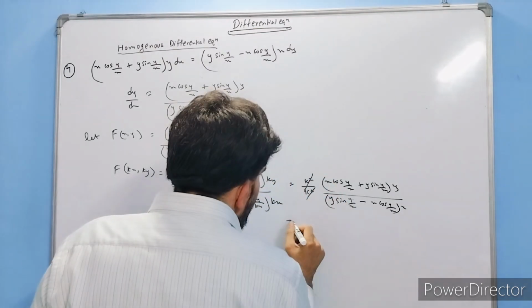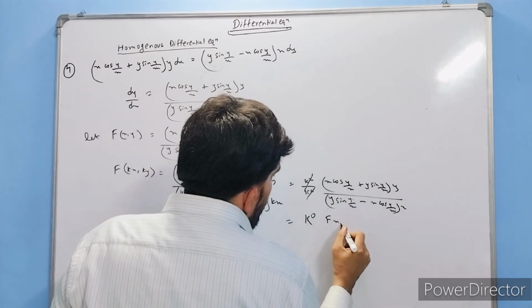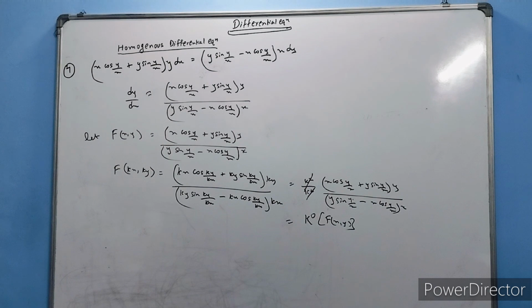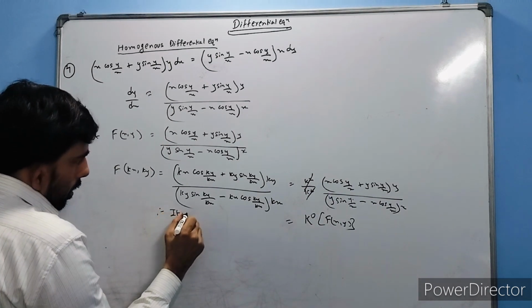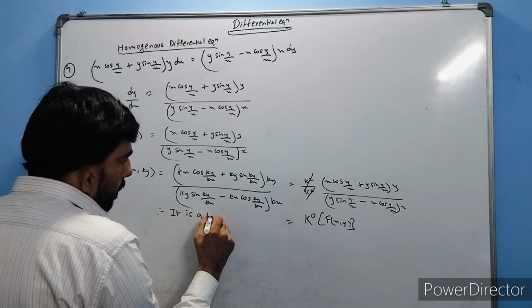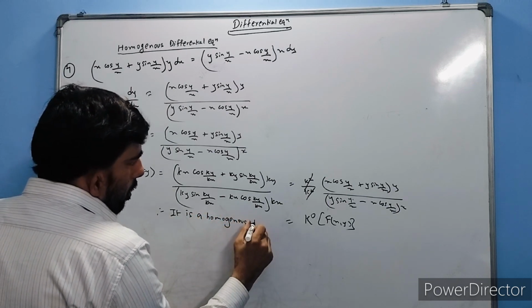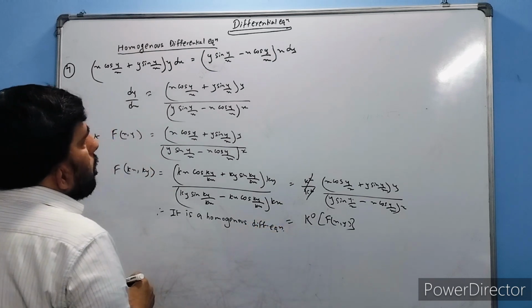So I can say f(kx, ky) = k^0 f(x,y). Therefore they have the same degree, so we can say it is a homogeneous differential equation. Okay, now let's try to solve it.